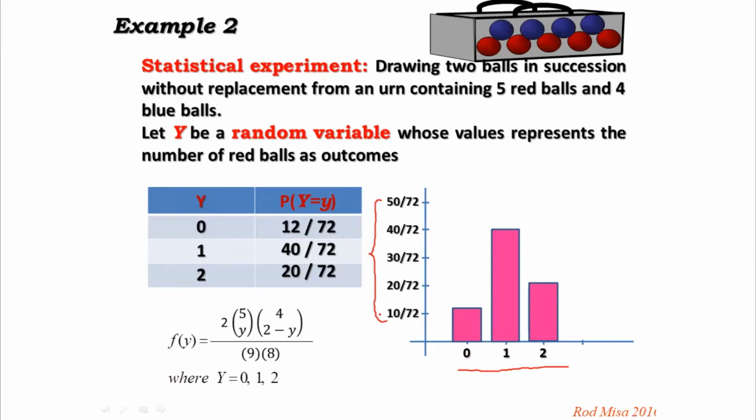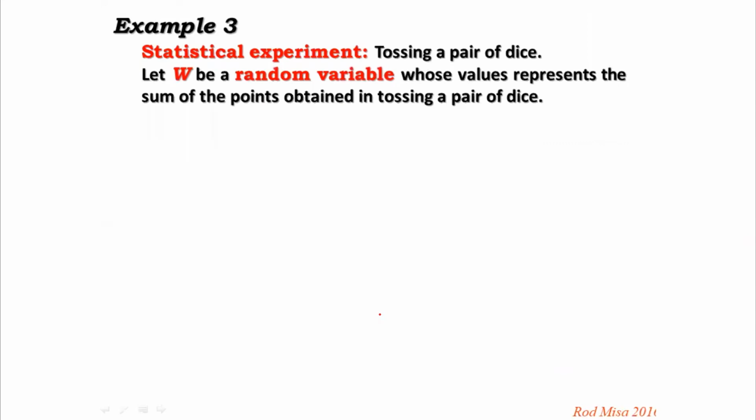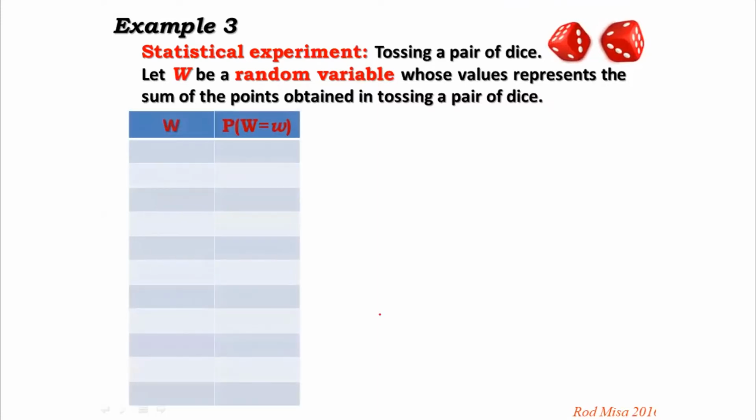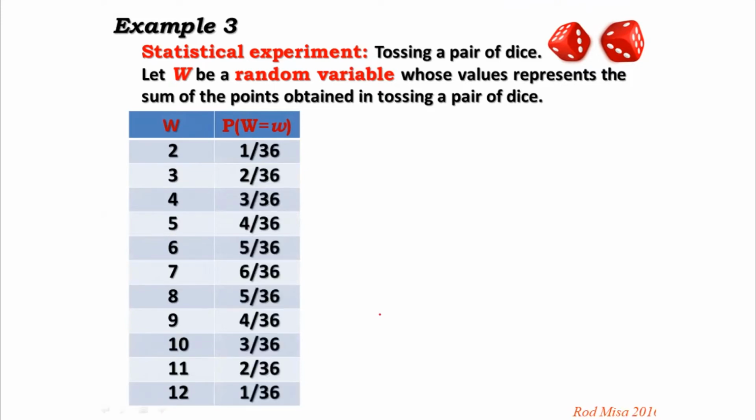Now, recalling our example number 3, with a statistical experiment of choosing a pair of dice, where W is the random variable whose values represents the sum of the points obtained in choosing a pair of dice, we have this table as a representation of our probability distribution, where the random variable W can have values from 2 to 12 and its corresponding probabilities in the second column here.